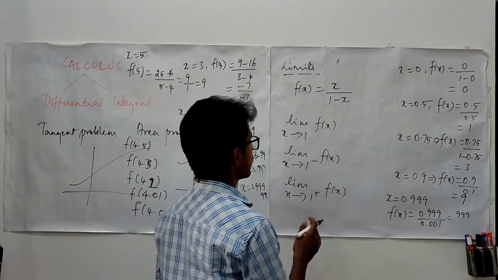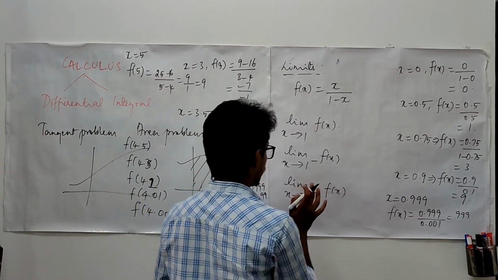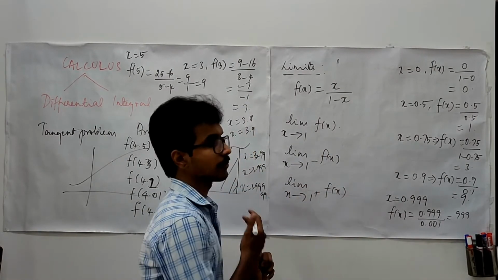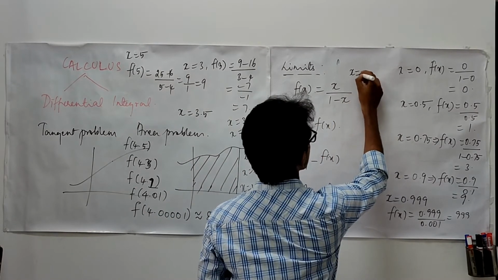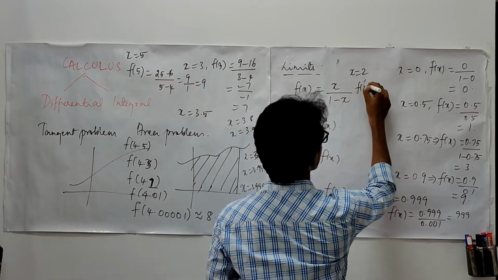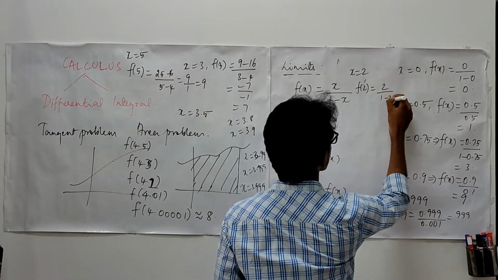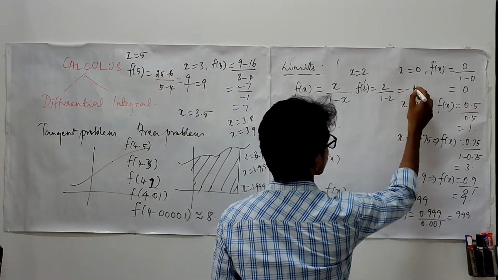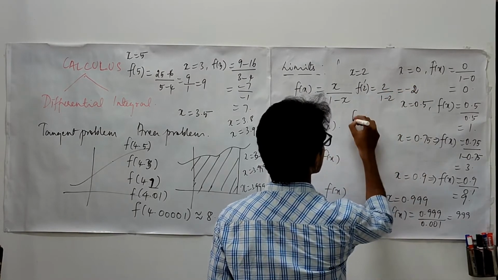And similarly, let us look from the right. Okay, when we take x is 2, f of 2 is what? 2 upon 1 minus 2, it is going to be minus 2, right?